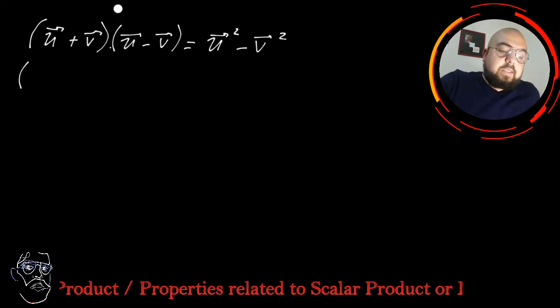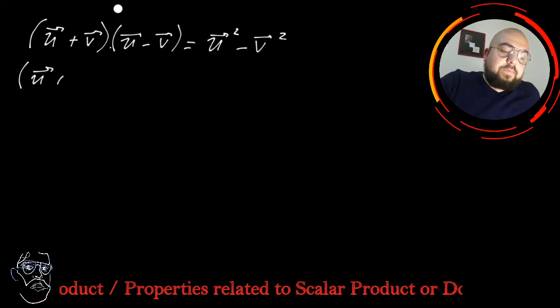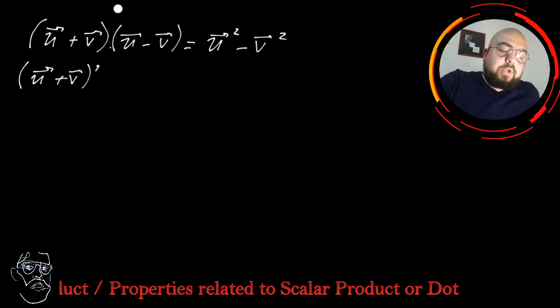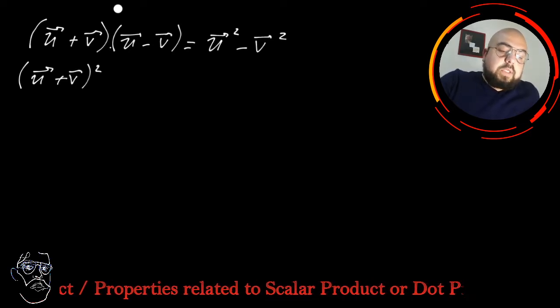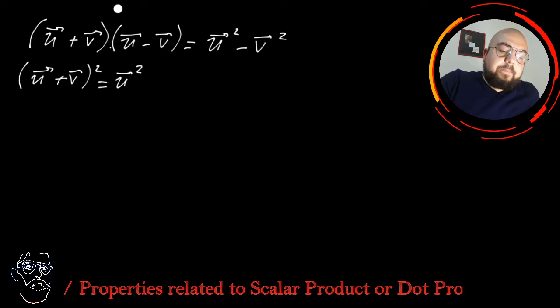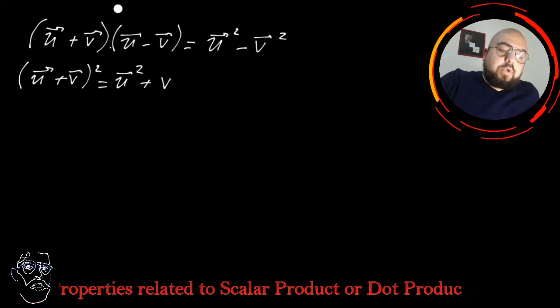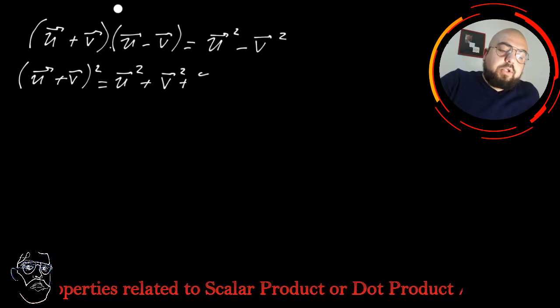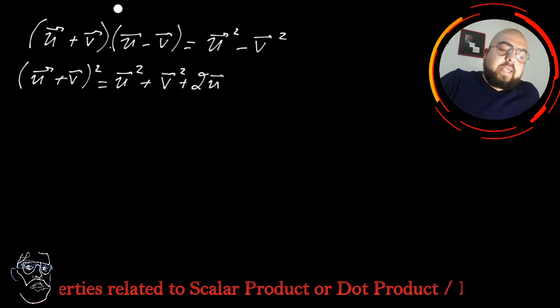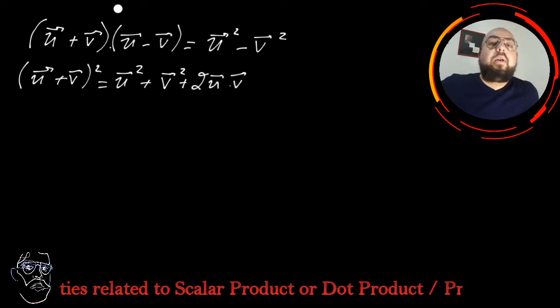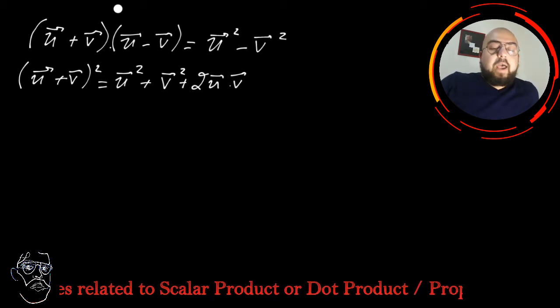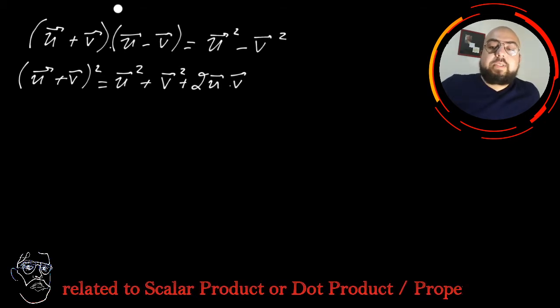The second case is when you have u plus v to the power of 2. This will be u squared plus v squared plus 2 u scalar v. As you can see, we have the scalar product u scalar v.